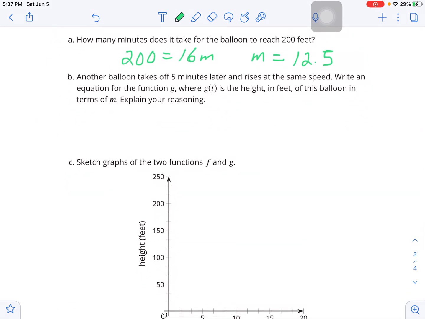Another balloon takes off 5 minutes later and rises at the same speed. Write an equation for the function g, where g of t is the height in feet of this balloon in terms of m, and explain your reasoning.